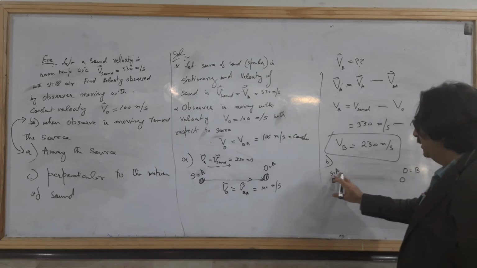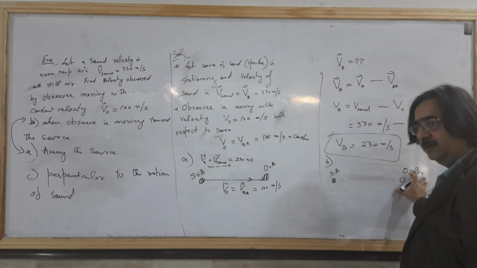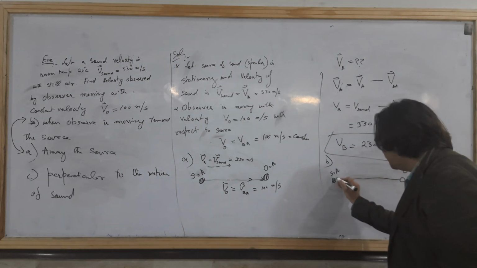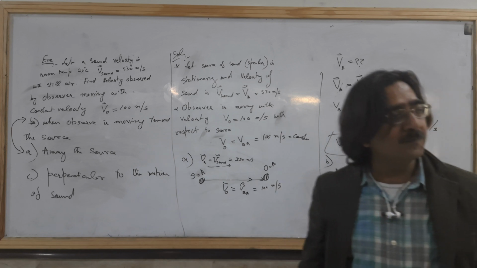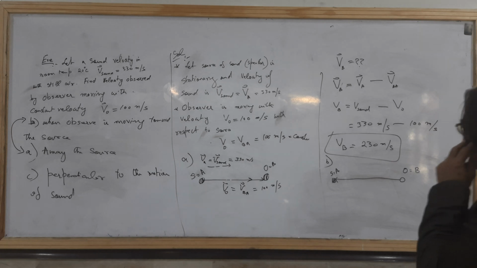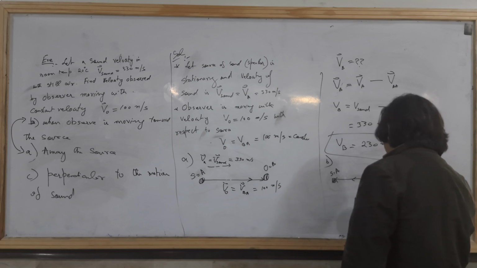Source is A. Observer is B. Now the observer is moving toward the source, so this will be VBA.